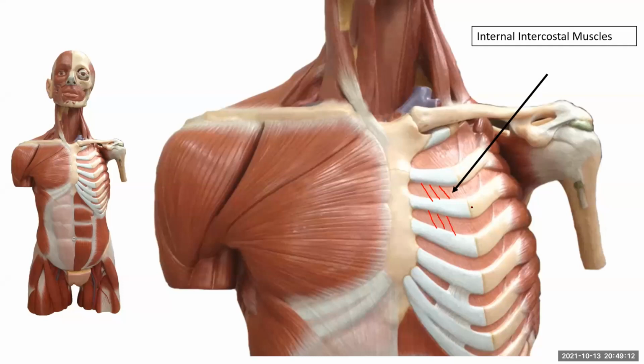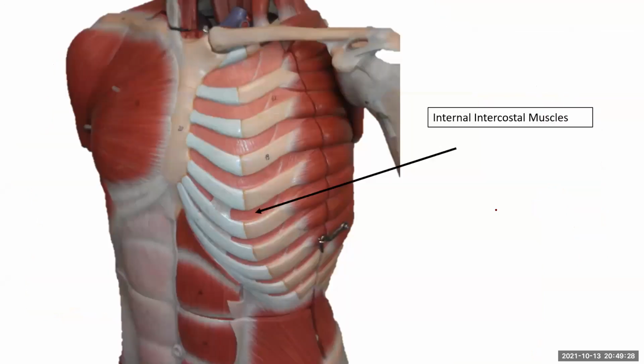But they're perpendicular to our external intercostal muscle fibers. So the internal intercostal muscle fibers are going to depress the ribs during expiration. So we'll just rotate our model so you can see it a little bit better. Internal intercostal muscles.